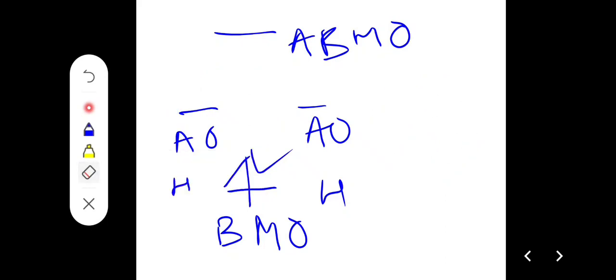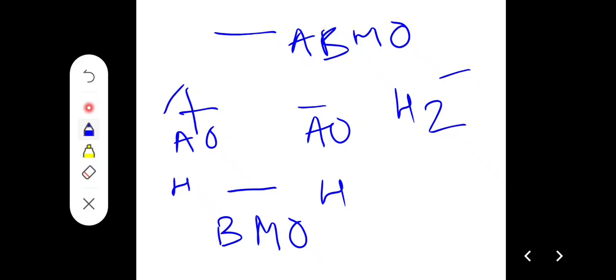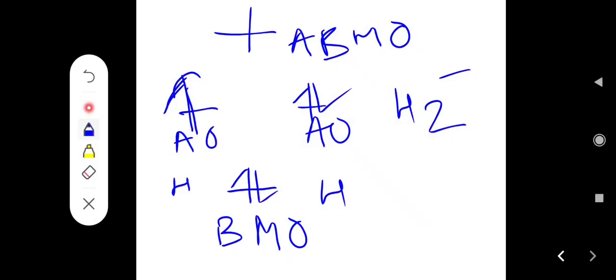Now suppose H2 minus. In that case, one hydrogen gives one electron and the other hydrogen gives two electrons. So two electrons are placed in the bonding molecular orbital and the other is placed in the anti-bonding molecular orbital.